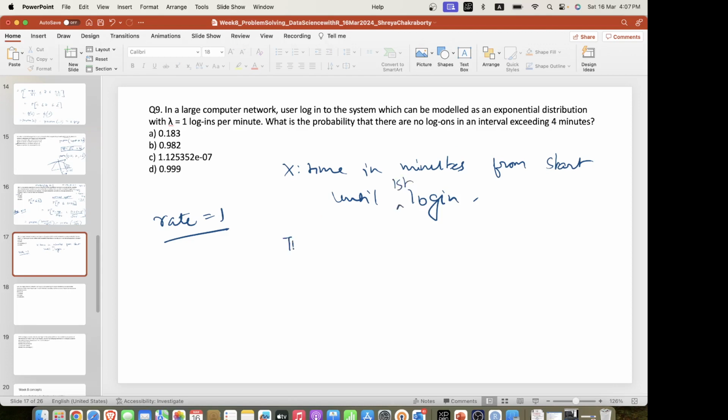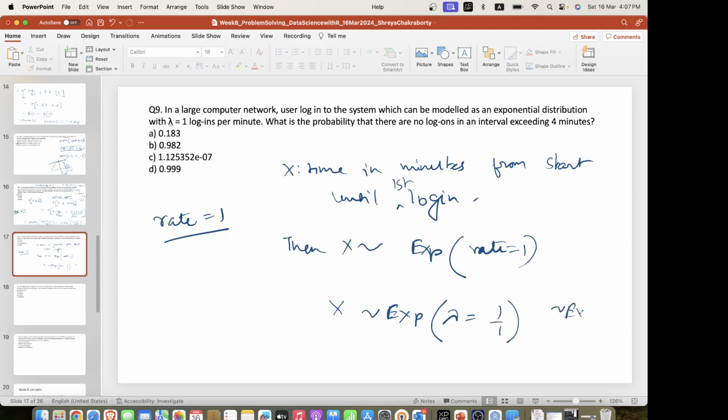Then X is following exponential with rate 1. Alright, so then X is following exponential where lambda is 1 by 1, that is 1, following exponential lambda equal to 1.